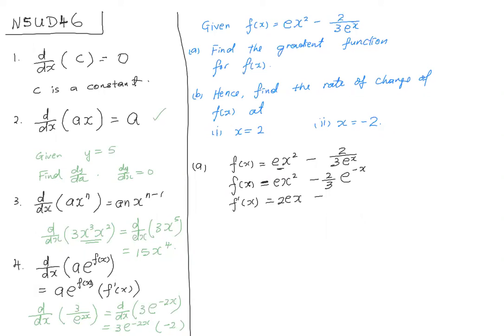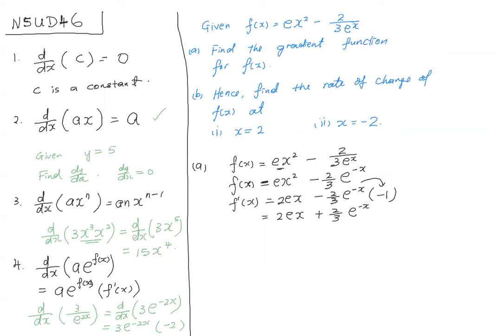Take away 2 over 3 e to the power of negative x times the derivative of negative x, which is negative 1. Yeah, you are right, so we have to be very careful. If you want to rewrite that, you can. If you don't want to, we will just write it as 2e^x plus 2/3 e to the power negative x.